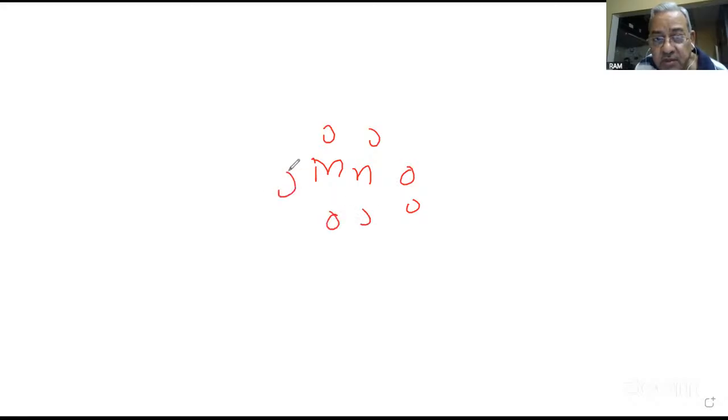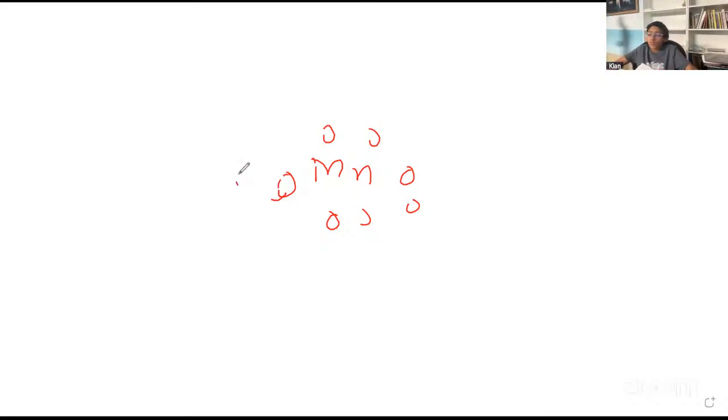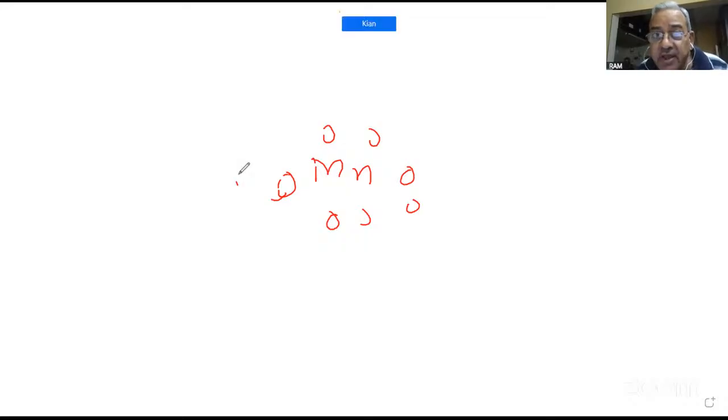This one is bonded with one oxygen I have shown. So it is having -1. It is having a deficit of 1 electron because it is not having 8 electrons, right? It is having 7 electrons, so it is having -1 valency, right?